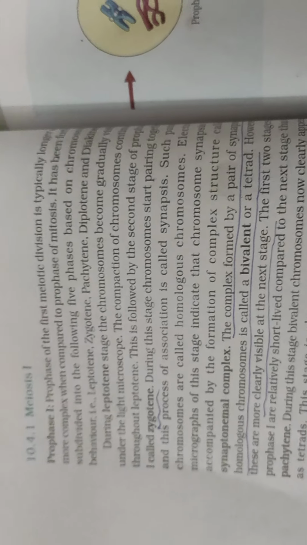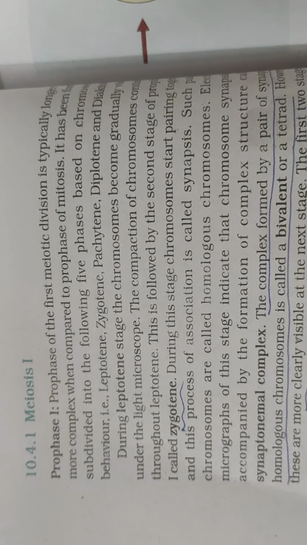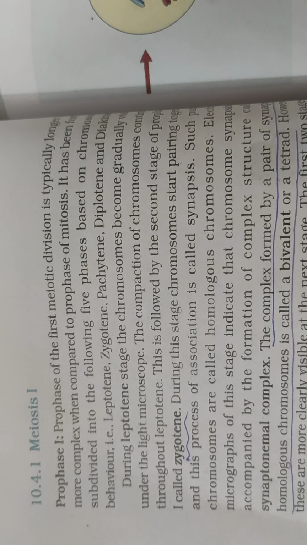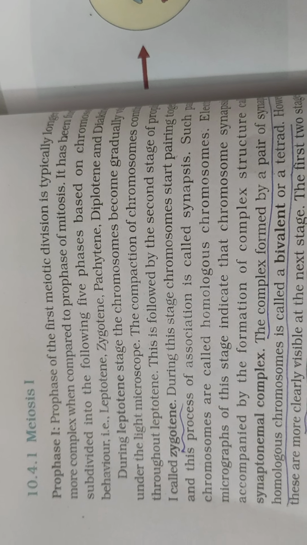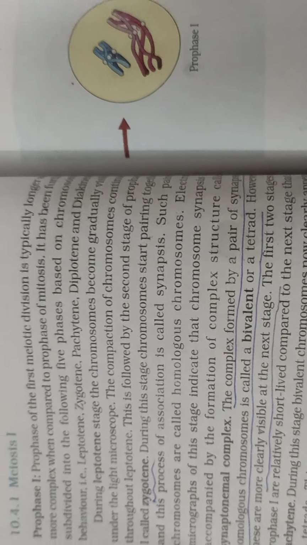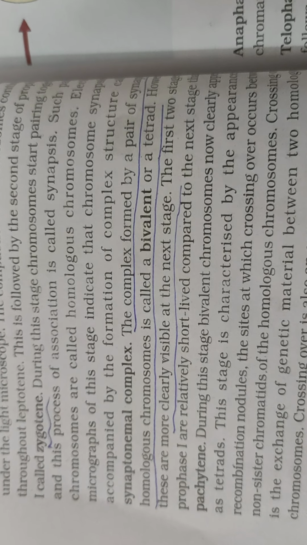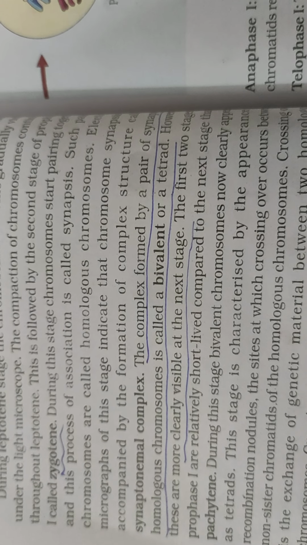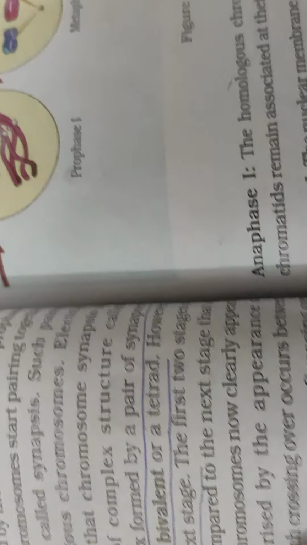This is about meiosis stages, the prophase 1 of meiosis, divided into 5 stages: leptotene, zygotene, pachytene, diplotene, and diakinesis. In the zygotene stage you see the synaptonemal complex and you get a bivalent, or a tetrad because of the homologous chromosomes, and it becomes clear by the pachytene stage.